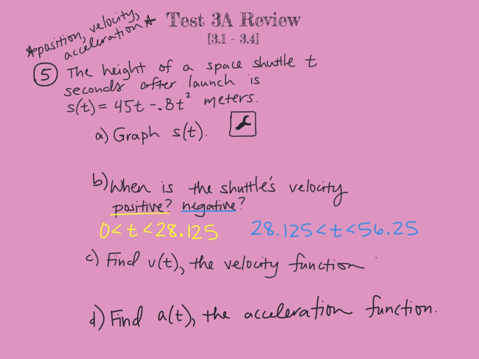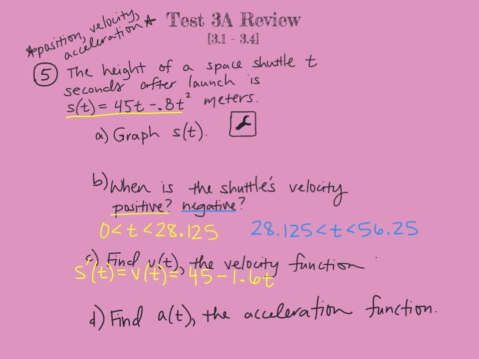In order to find the velocity function, what we need to do is take the derivative of the position function. So the derivative of our height or position function is the velocity function. And that is going to be 45, using the power rule, and then using the power rule again, 1.6 t. So that's our velocity function.